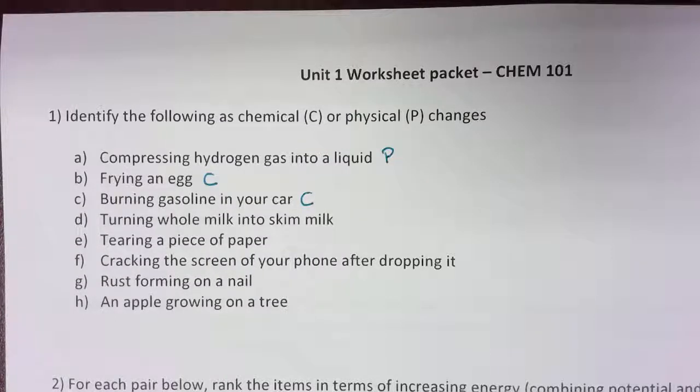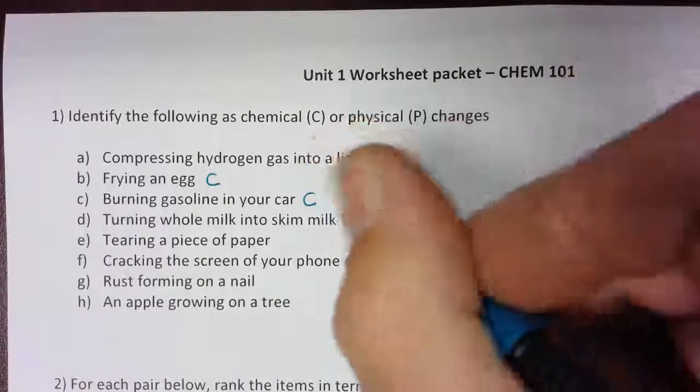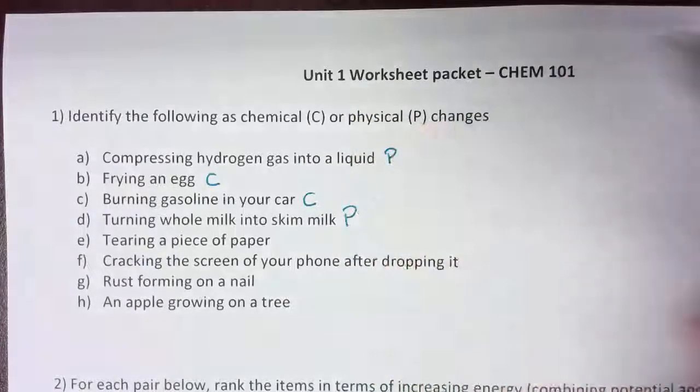So cream is composed of a lot of the fatty molecules in milk, and those have been skimmed off. So the only thing that's taken place here is that the fat has been removed from the whole milk, and it's a physical alteration. It's not a chemical one. And so that is a physical change.